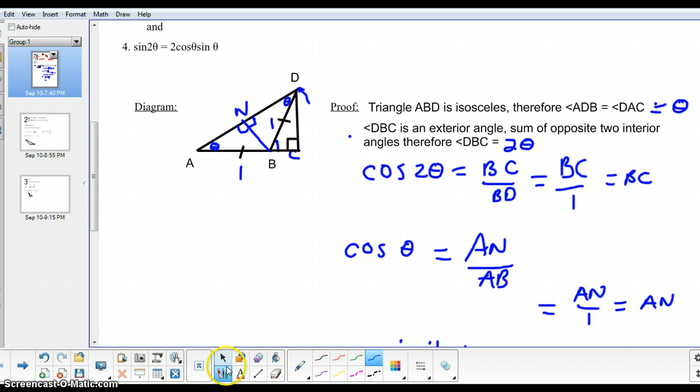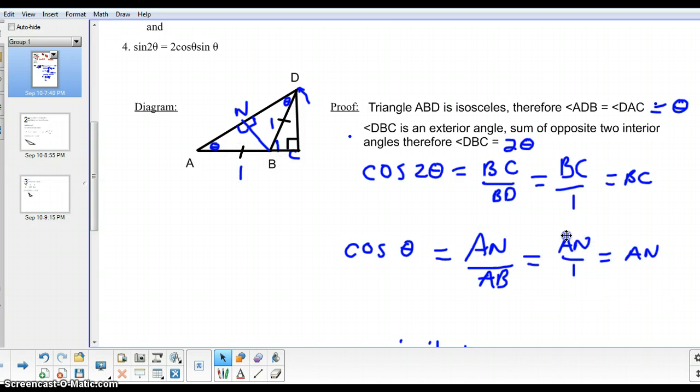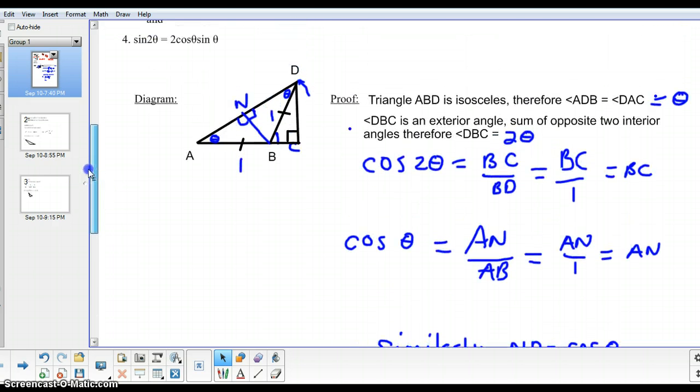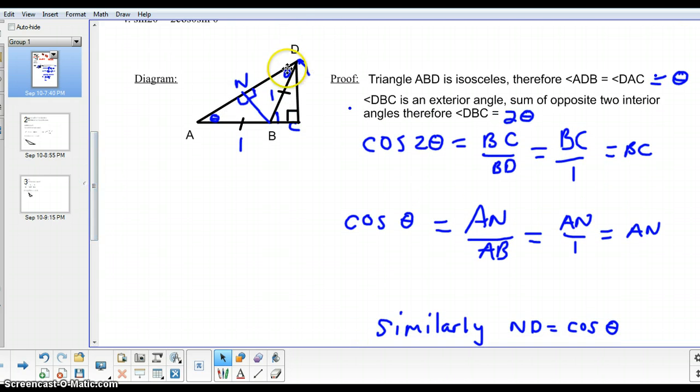Again, that AN over AB would simplify to AN because AB is also equal to 1. Similarly, ND would also equal cosine theta if we were to do that same relationship with this angle.